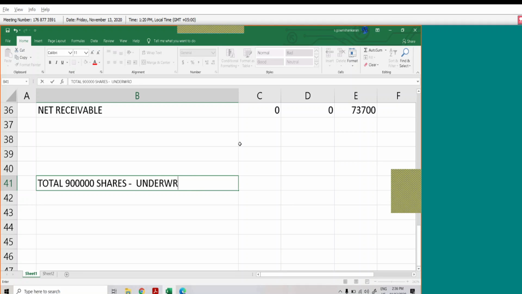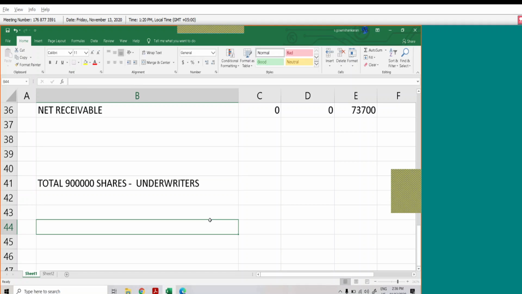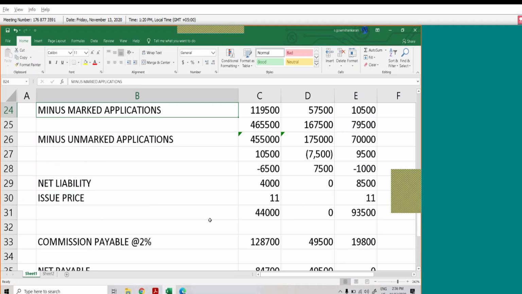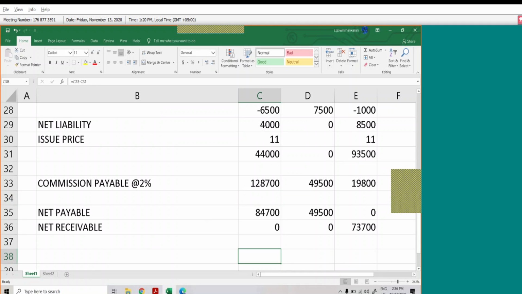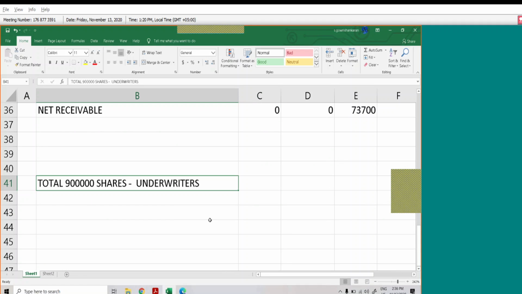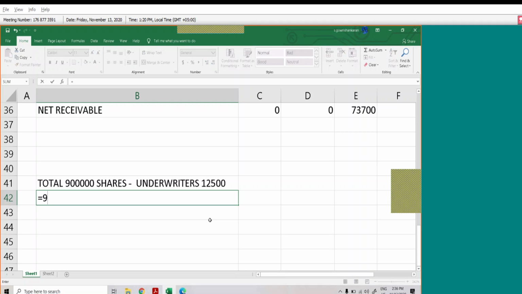Forget about firm underwriting for this problem, since firm underwriting is included in the unmarked application. So the underwriters' share is how much? Net liability 4,000, 8,500, total 12,500. The underwriters' share is 12,500, so the balance is 9 lakh minus 12,500, equal to 8,87,500 shares purchased by the public.